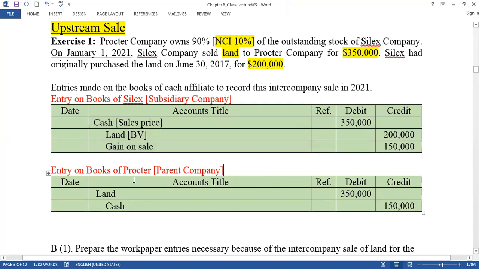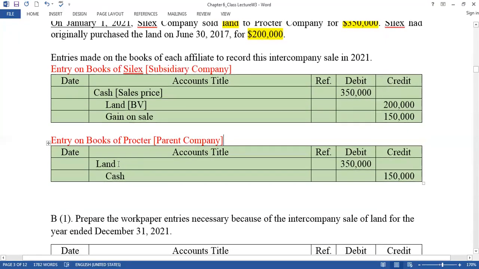Now the parent company does this journal. The parent company records land debit. Here, book value means cost of land.